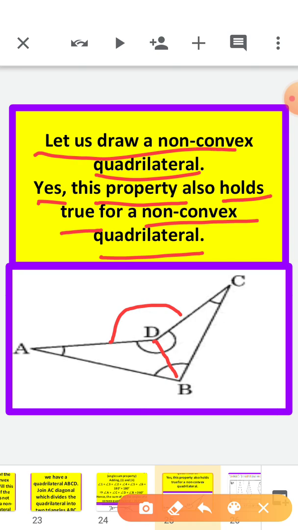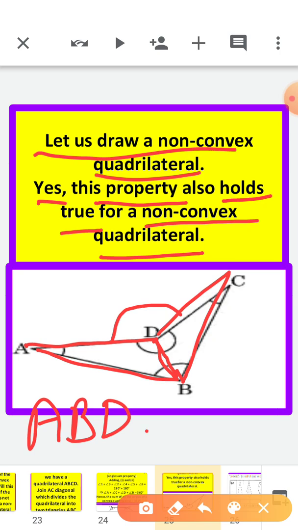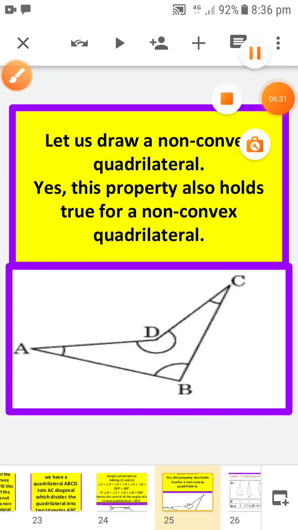When you join BD, two triangles form: ABD is one triangle and BDC is the next triangle. You can easily verify by using the angle sum property of a triangle in these two triangles. Make two equations and add both equations, and you will definitely get 360, children.